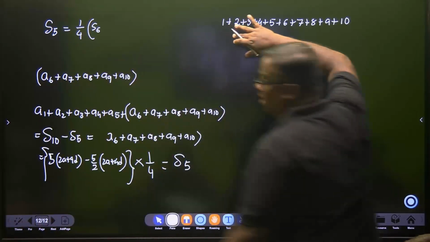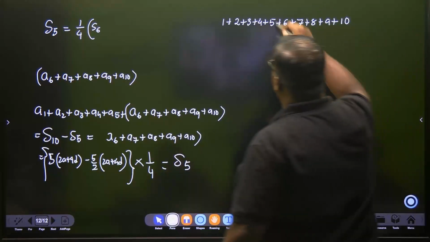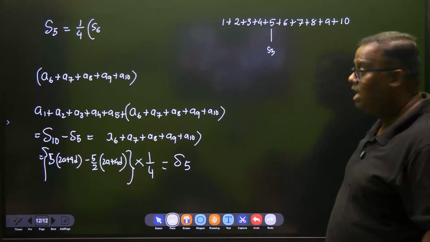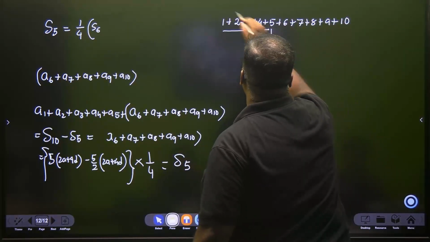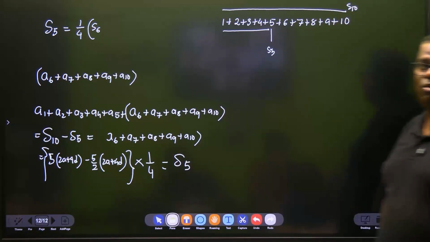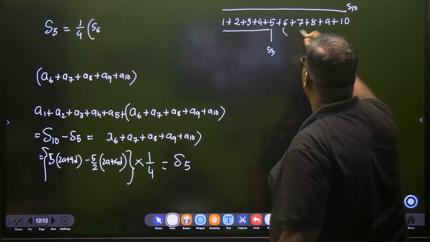This is a train. Have you understood? Up till here, what is the sum? S5. And the complete sum is how much? S10. If you take out S5 from S10, then what is remaining?